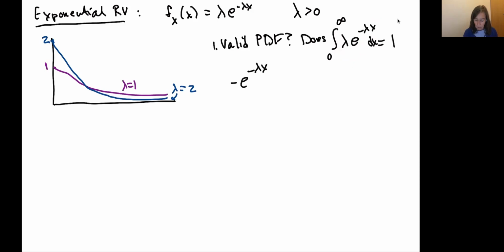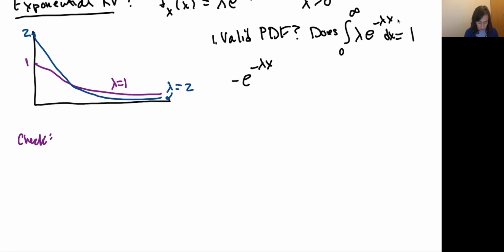So we're losing the lambda in front there and gaining a negative sign. Let's check whether the derivative of this thing is the PDF.